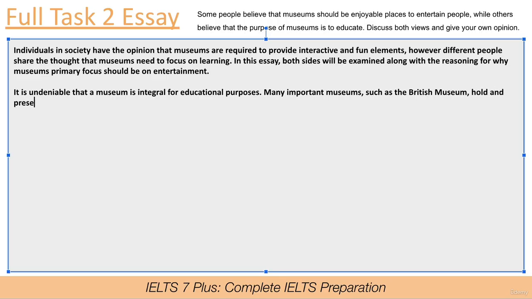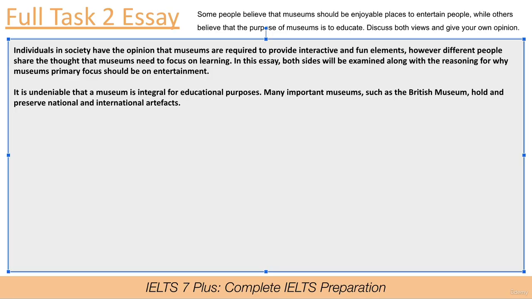hold and preserve national and international artifacts.